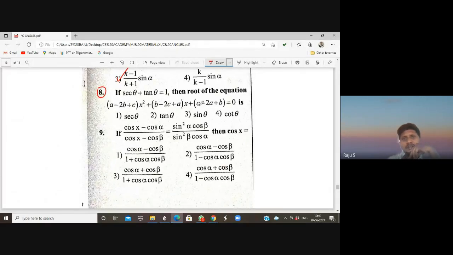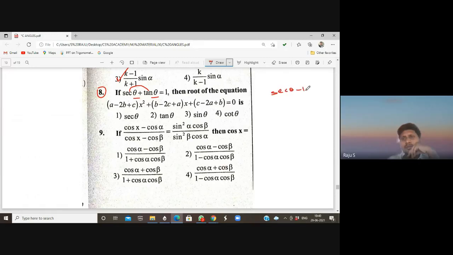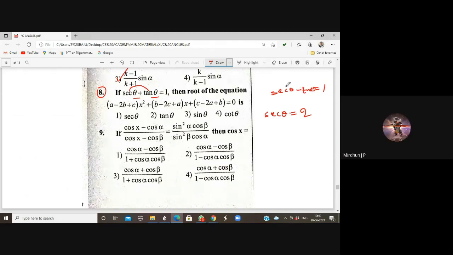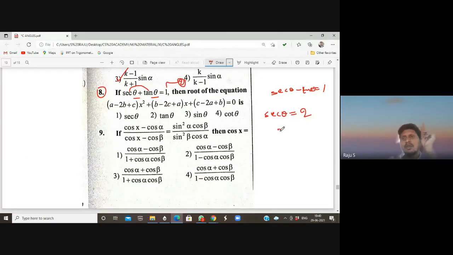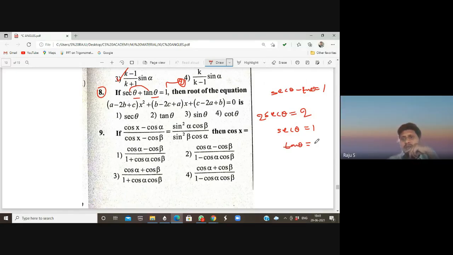Then for the roots of this equation, in terms of theta, I need to substitute. Secant theta minus tan theta is also 1. Adding both, 2 secant theta equals 2, so secant theta is 1. Subtracting both, tan theta becomes 0.